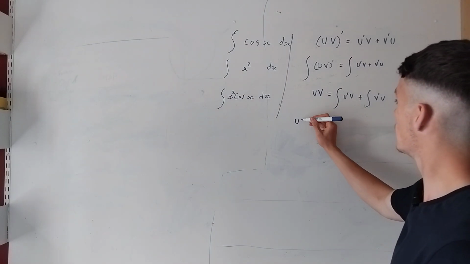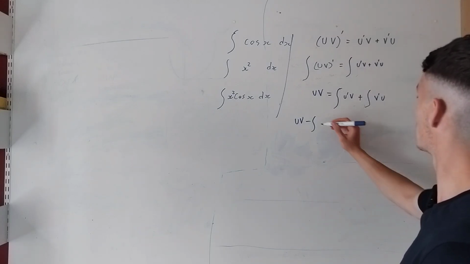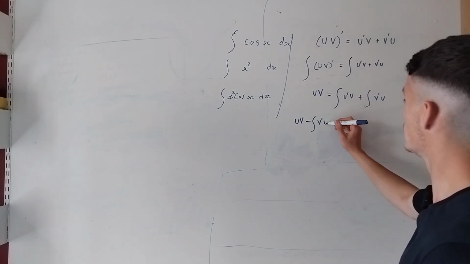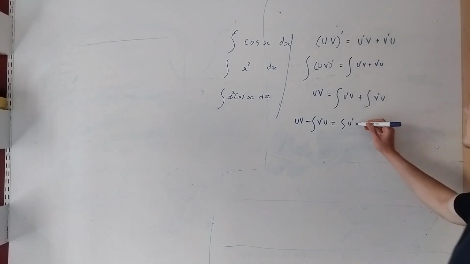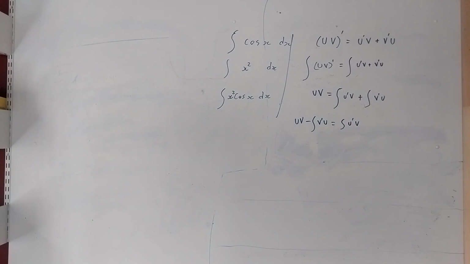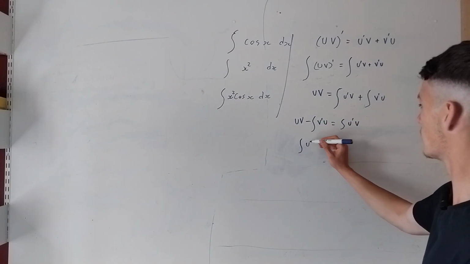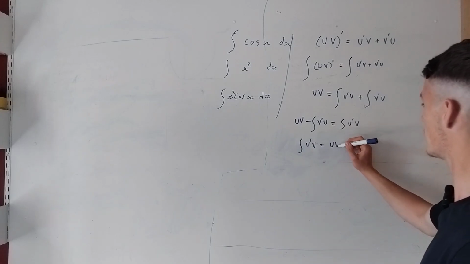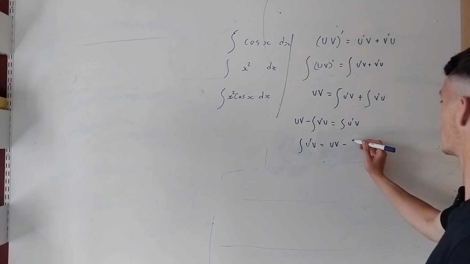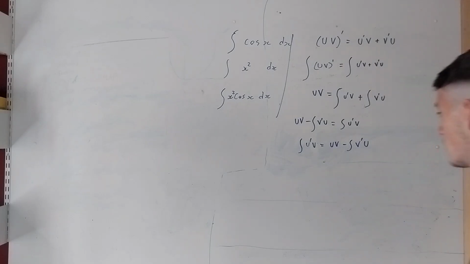So we get uv minus the integral of v dash u equals the integral of u dash v. And now I'm just going to write this the other way around. So the integral of u dash v equals uv minus the integral of v dash u.